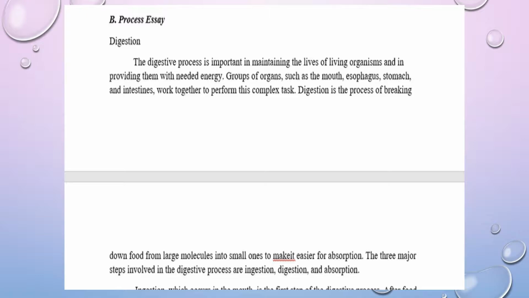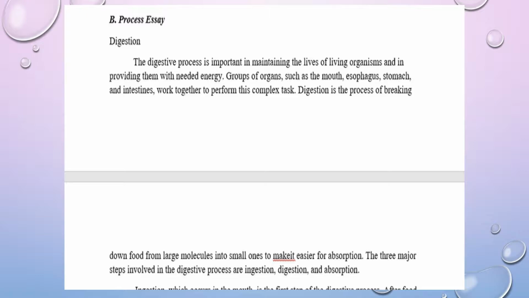Remember, the thesis statement is traditionally the last sentence of the opening paragraph. Then you have the body paragraphs of the essay, which will explain and give more information about your thesis statement. Each body paragraph will have its own topic sentence or its own main idea that relates back to the thesis statement. Then you have your concluding paragraph, which wraps everything up.